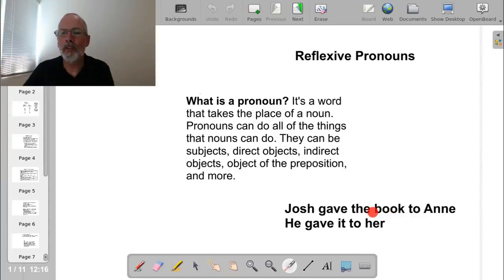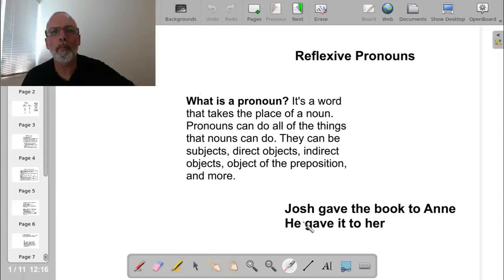And we have replaced the book, the direct object, because the book is receiving the action, with the object pronoun, it. And Anne we have replaced with another object pronoun, her. This word here is a preposition. So this is the indirect object. It's also the object of this preposition. He gave it to her.